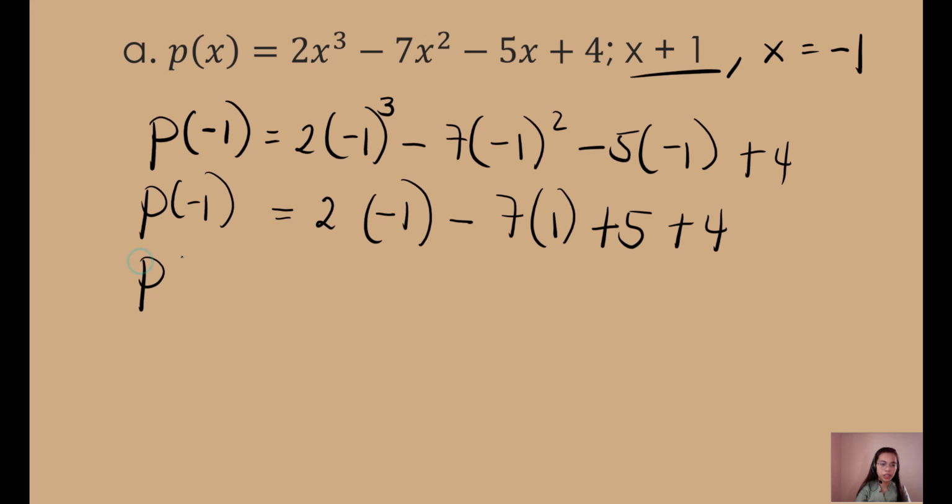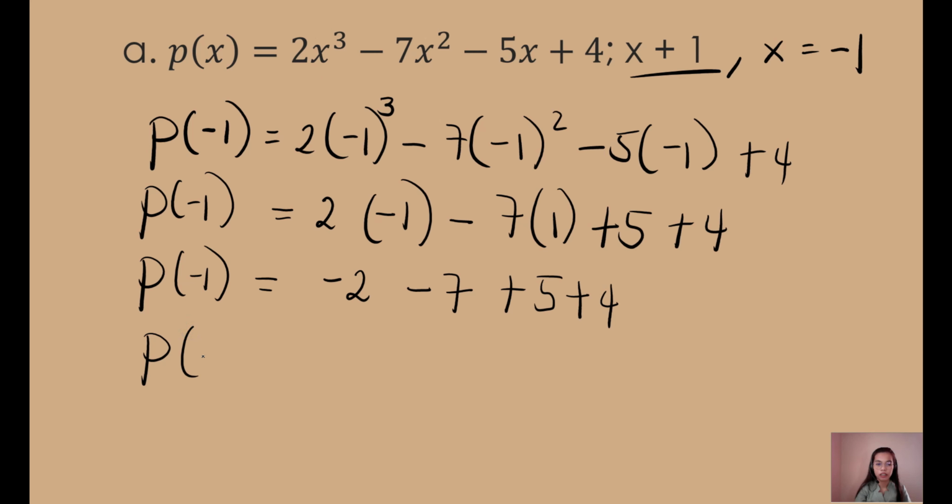Now, we have P of negative 1 is equal to negative 2 minus 7 plus 5 plus 4. What is negative 2 minus 7 plus 5 plus 4? That is equal to 0.